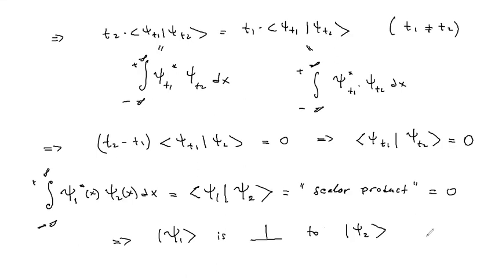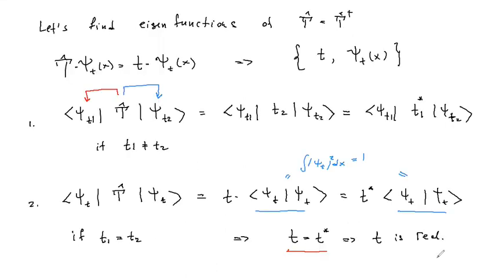So we learn a lot. We learn that if you can find eigenfunctions and eigenvalues of my operator T, then we have remarkable properties of eigenvalues and eigenfunctions. I can summarize it for you.